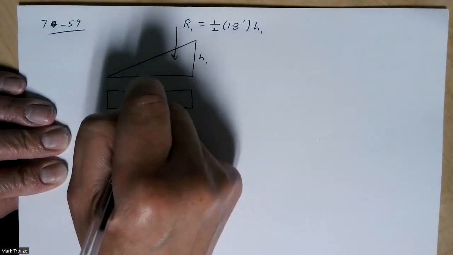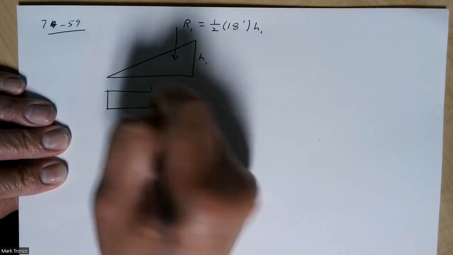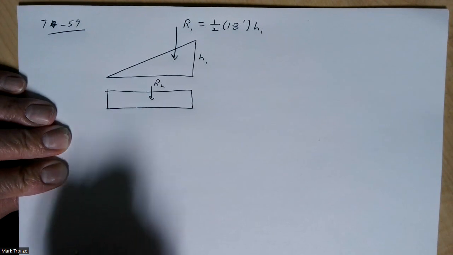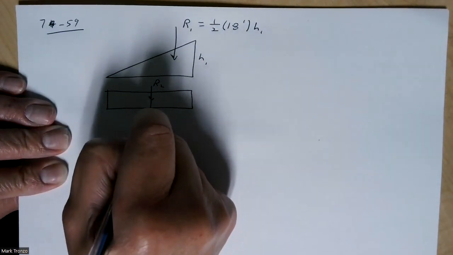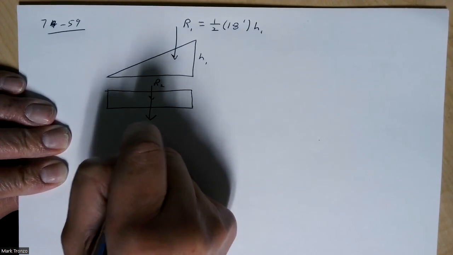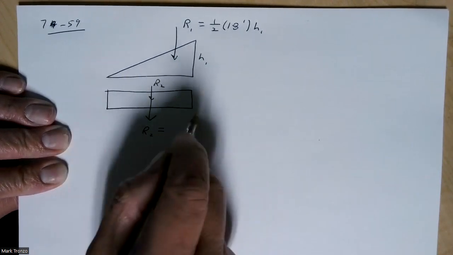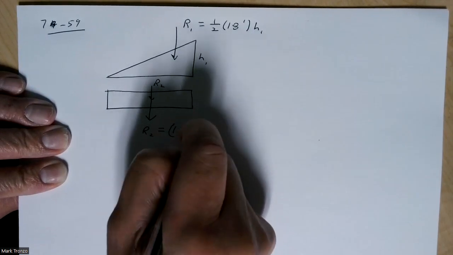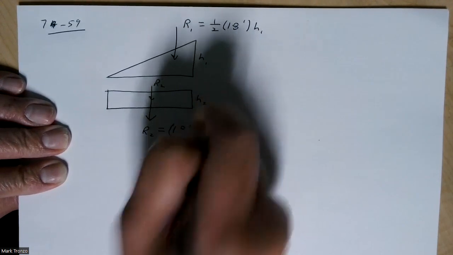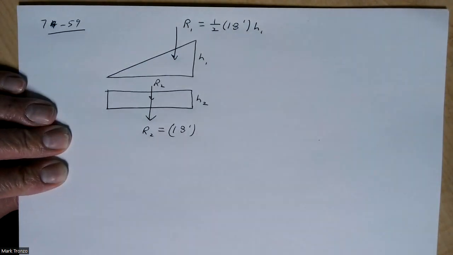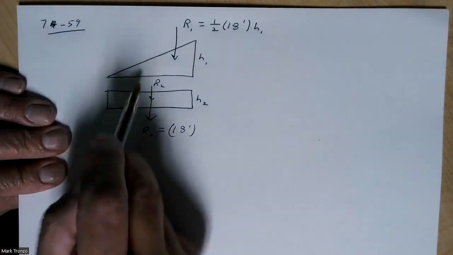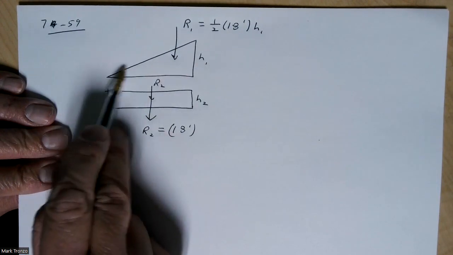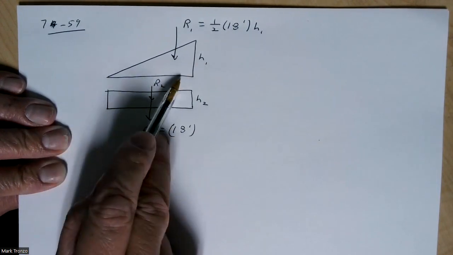Then for this one, maybe R2 is going to be, once again, 18 across times whatever this height was. And now remember that the resultant for the triangle is going to be 2/3 across.